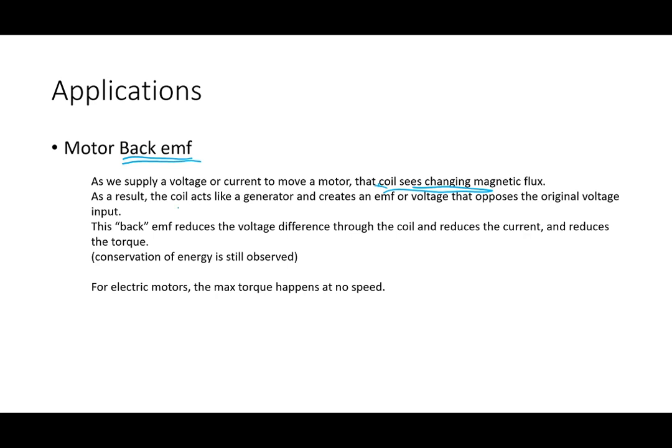So the coil acts like a generator and creates an EMF that, by Lenz's law, opposes the original voltage input. And that's what people call back EMF because it's backwards from what we're supplying. And therefore it reduces the current in the coil, and then reduces the torque in the motor.